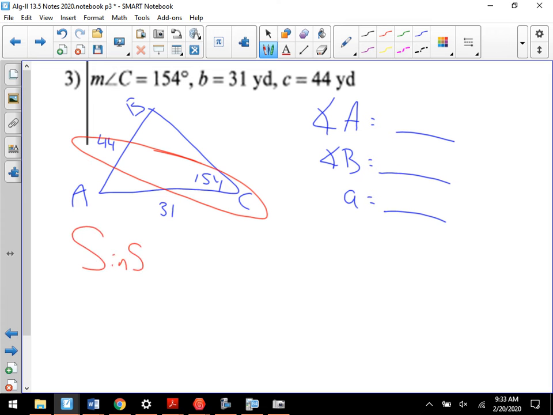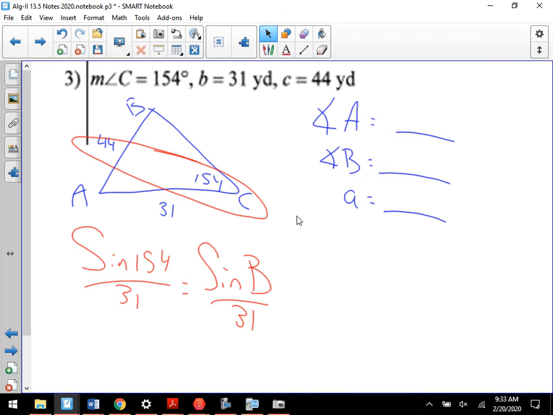Sine 154 is to 44, as sine of B is to 31. In this case you just multiply by 31. I'm sorry, that should be 44 there, I wrote too fast.